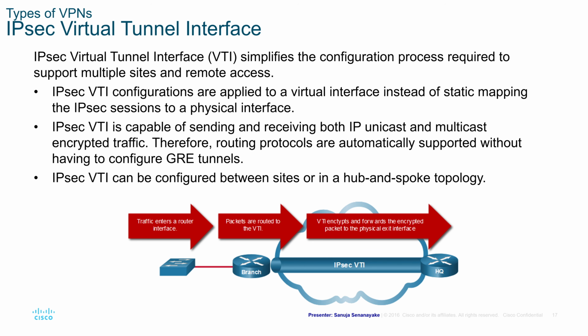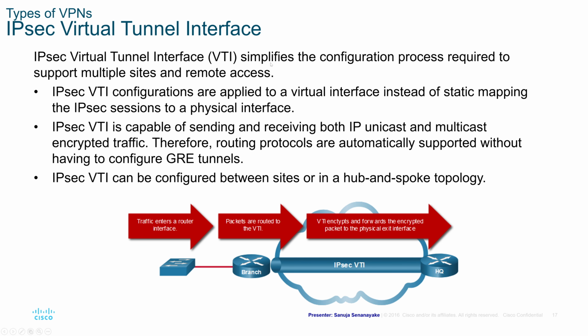Because the VTI, the virtual tunnel interface, is capable of sending and receiving both unicast and multicast messages, the routing protocols are automatically supported without having to configure GRE tunnels. IPsec VTI can be configured between sites or in a hub and spoke topology.